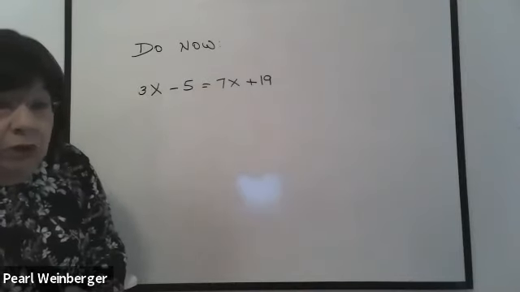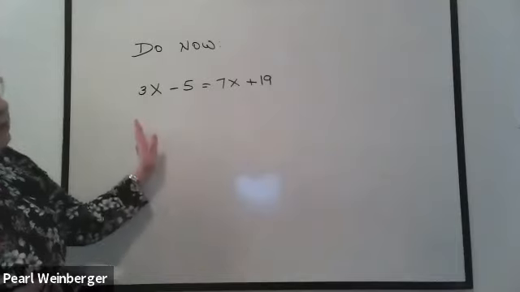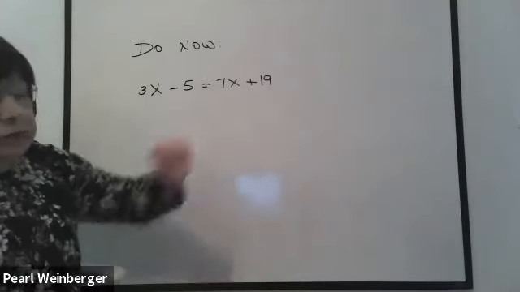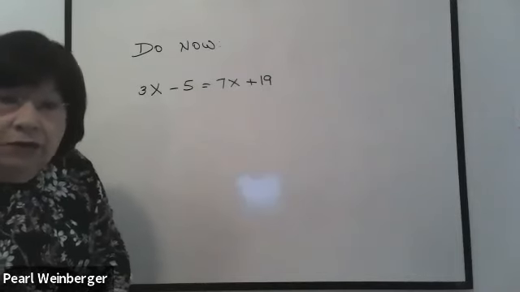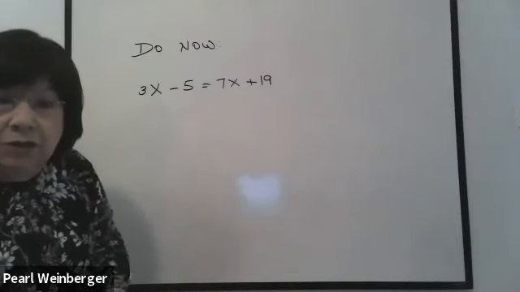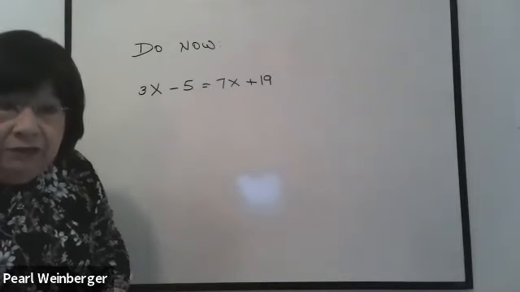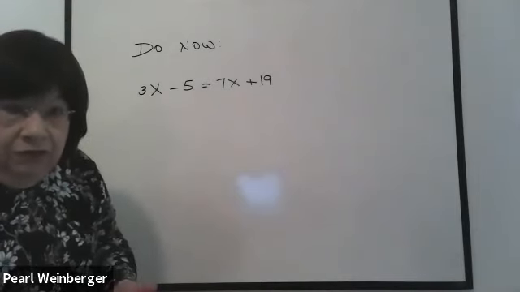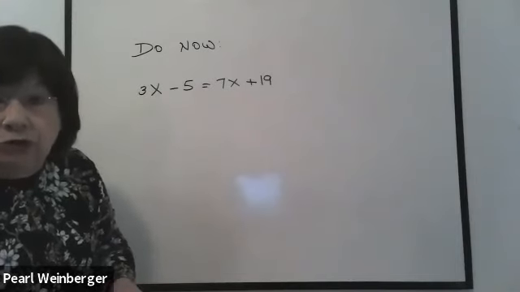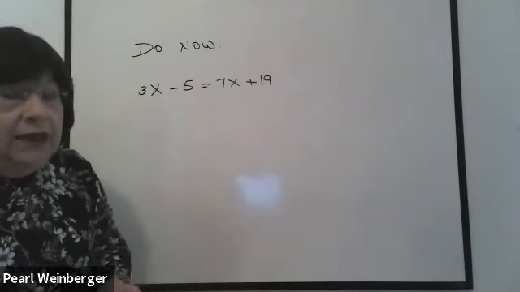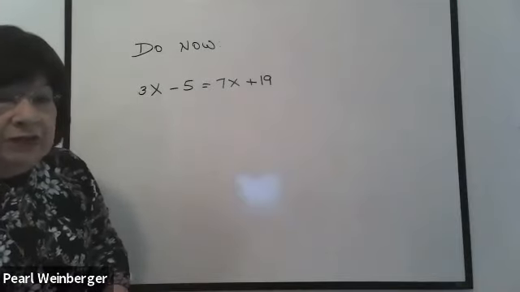The more important reason for bringing the x's to the left side and the numbers to the right side is because the next topic that we are going to be studying after this is inequalities. We're now dealing with things that are equal, equations. Then after that, we're going to talk about things that are not equal and how to solve those types of examples.